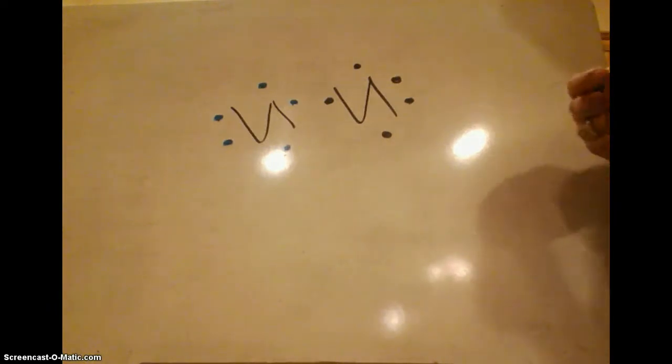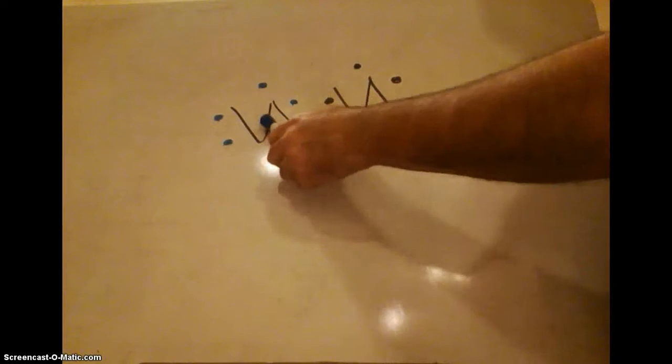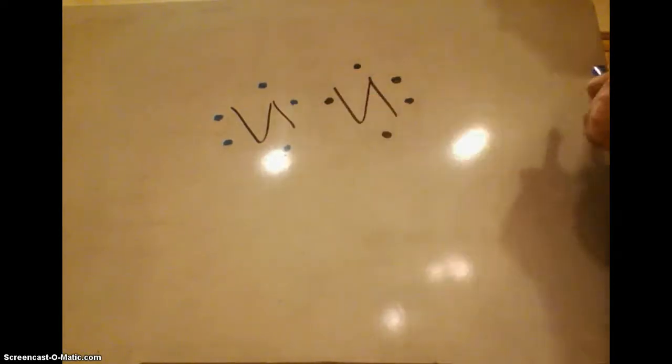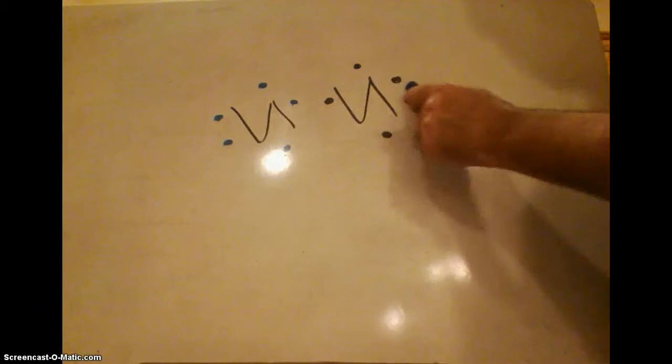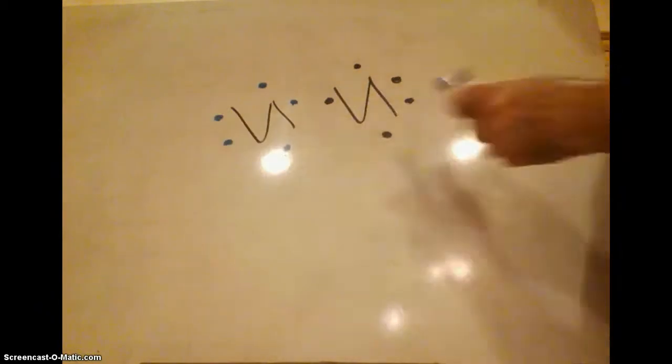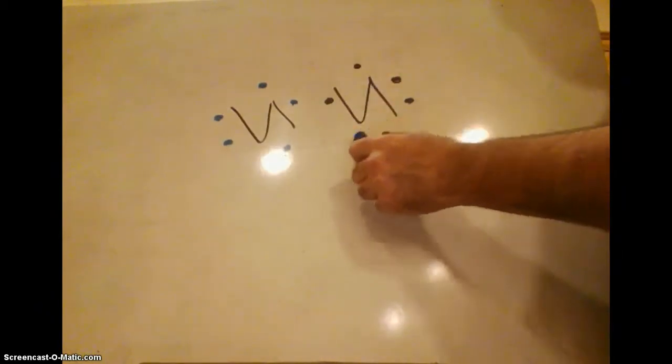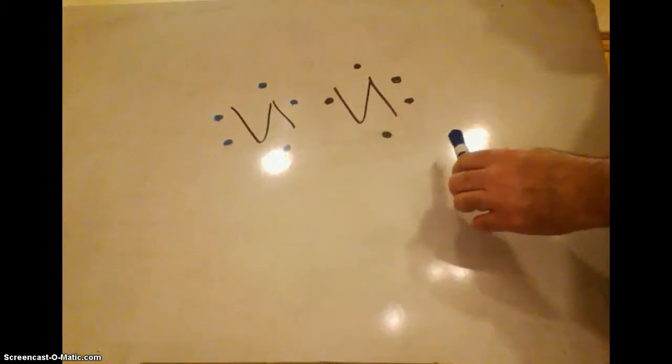And since each one needs 3, how convenient. They've got 3 unpaired electrons to share with each other. Remember, it's the paired electrons here on the outside. Those are not involved in bonding. It's only the unpaired electrons, the ones that don't have 2 on whatever side they're on, or whatever orbital.